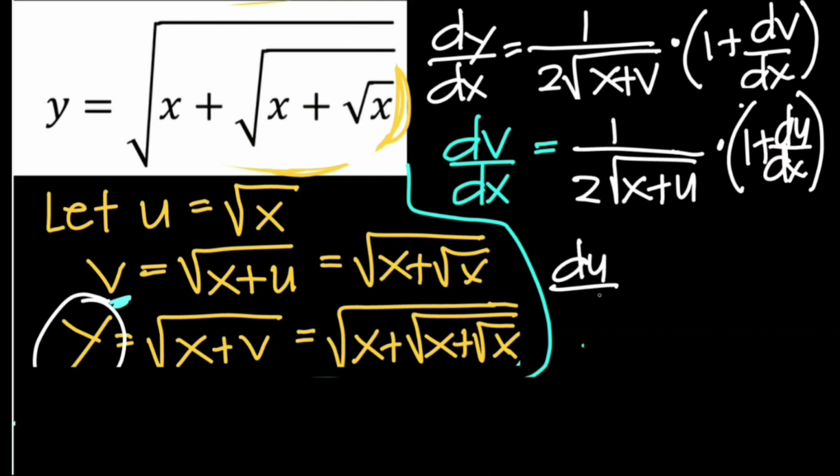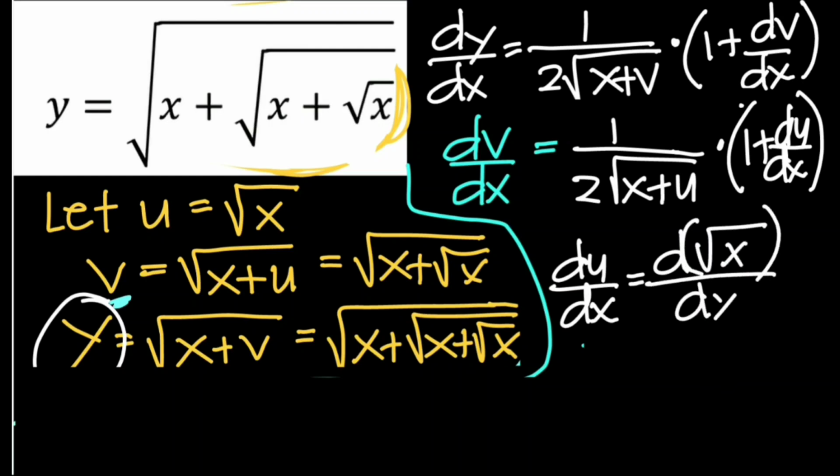So du over dx is just equal to the derivative of square root of x with respect to x, or we can write square root of x as x to the 1/2.